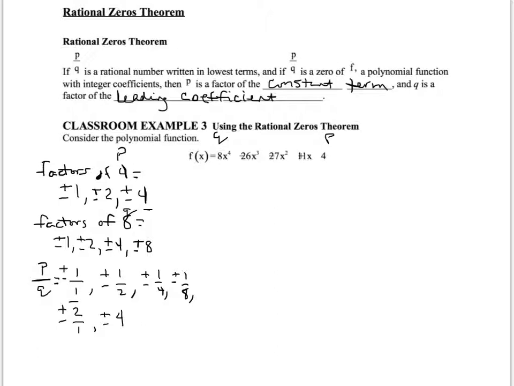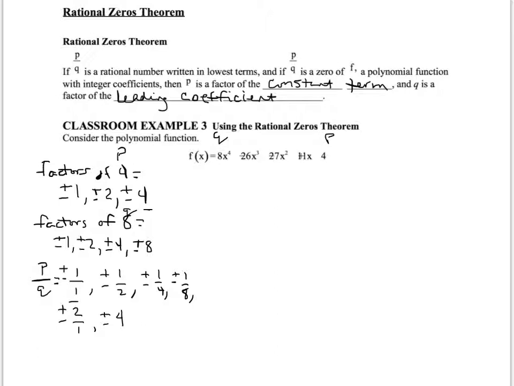Now, if you were doing this on your own, odds are pretty good you might want to choose whole numbers first to test out for synthetic division instead of actually using the fractions. You can use the fractions, but you may not want to.